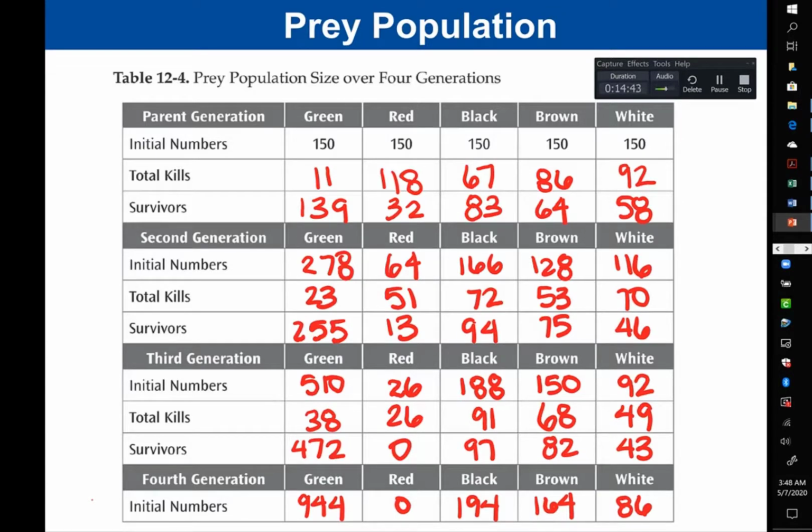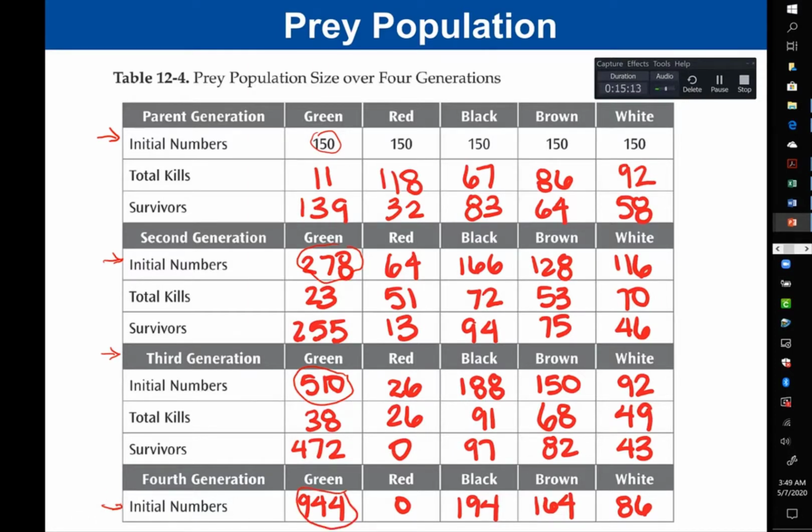So you're going to graph these initial numbers. When we start, the green was at 150. In the second generation, we're going to plot 278. In the third generation, you're going to plot 510. And in the fourth generation, you're going to plot 944.